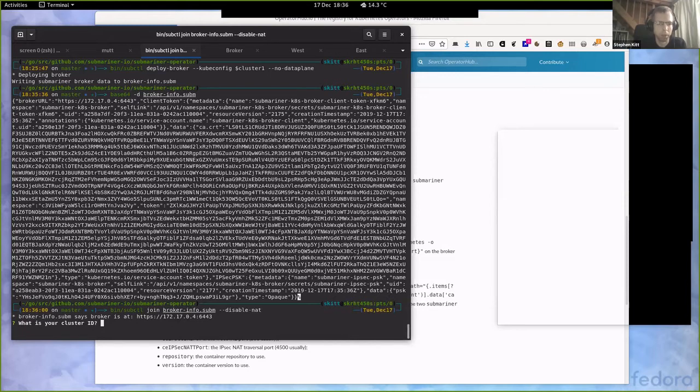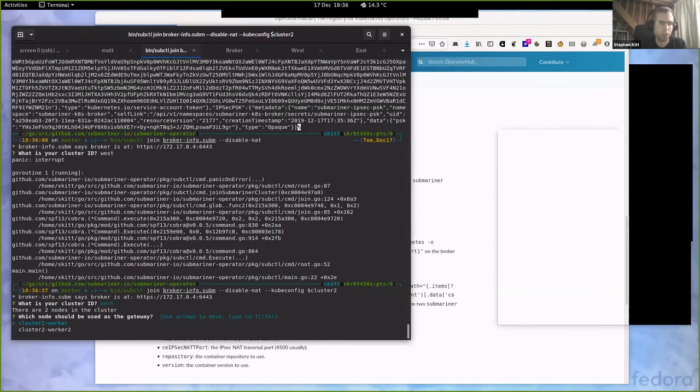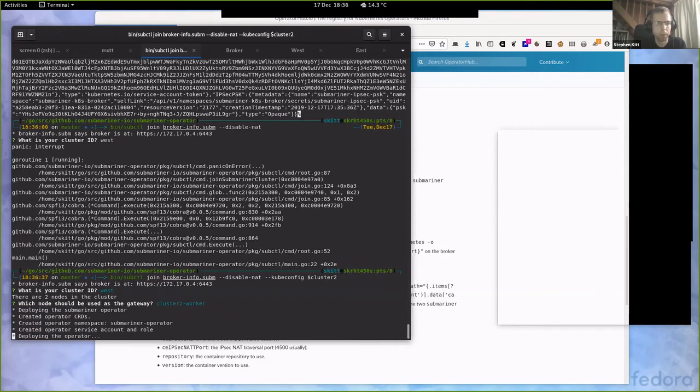So here, oh, sorry, I forgot the kubeconfig. And so it asks what the cluster ID should be. This is a unique name, and we'll probably change that to use the default namespace UID. The next stage is to choose one of the non-master nodes to be the gateway. And off it goes.